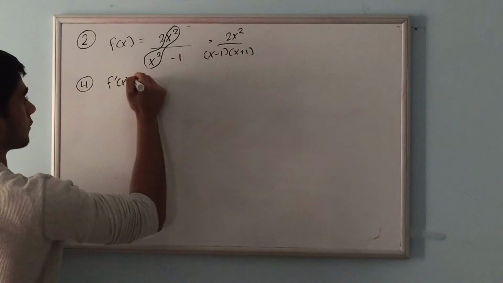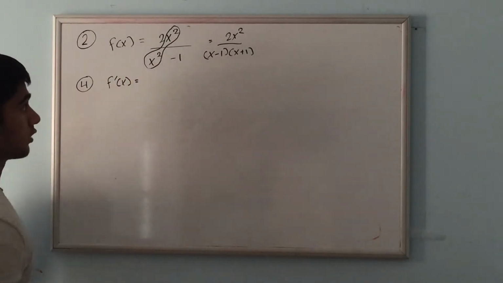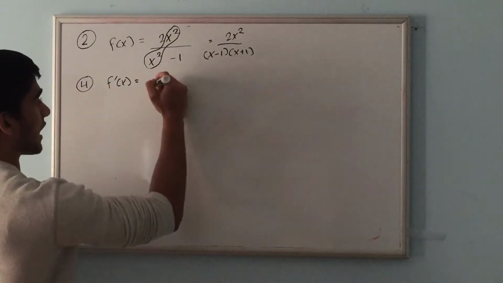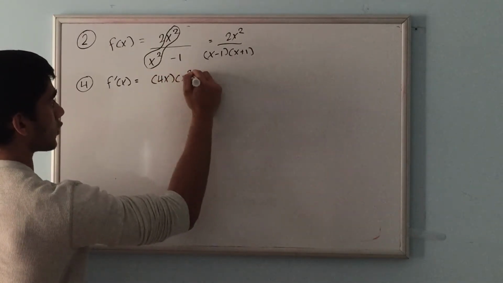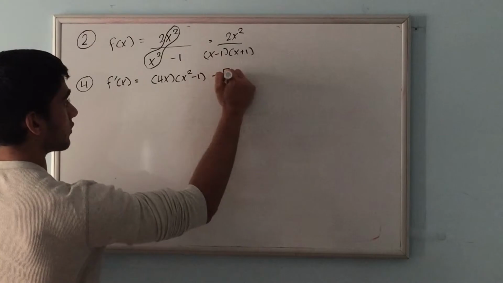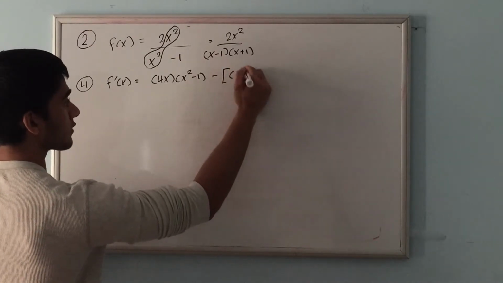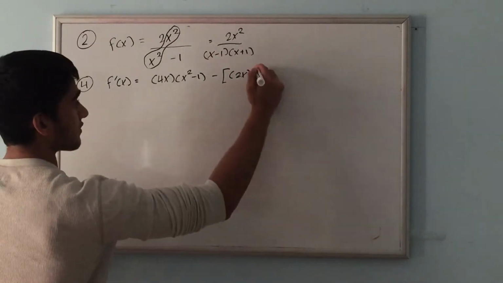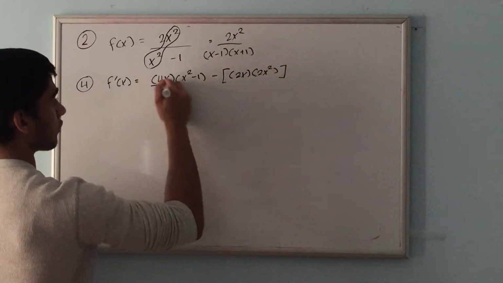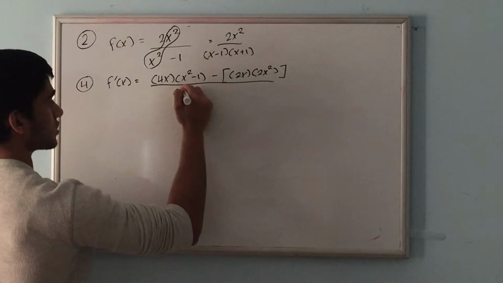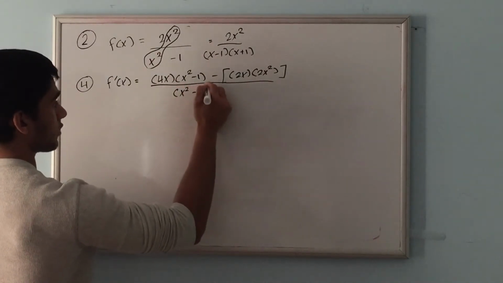So f prime of x equals, remember this is a quotient rule, so the quotient rule states take the derivative of the top, which is 4x, times, keeping the bottom the same, x squared minus 1, minus the derivative of the bottom, which is 2x, times, keeping the top the same, 2x squared, all over the bottom squared, which is x squared minus 1 squared.